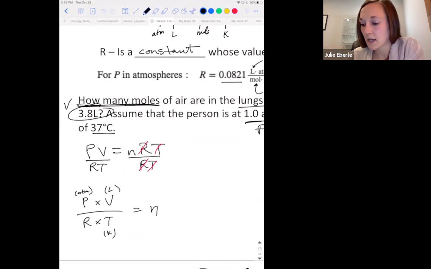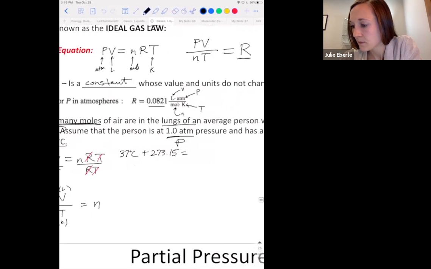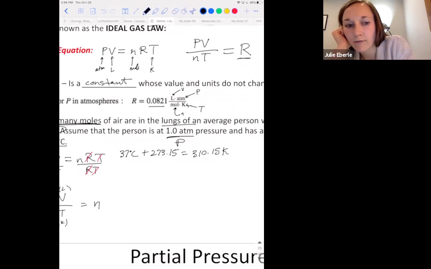So Bailey in the chat says convert to Kelvin. So 37 plus 273.15, because that's how you convert to Kelvin, right? I forgot my units. So our temperature in Kelvin is 310.15.